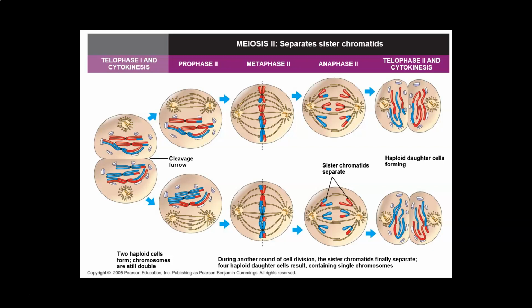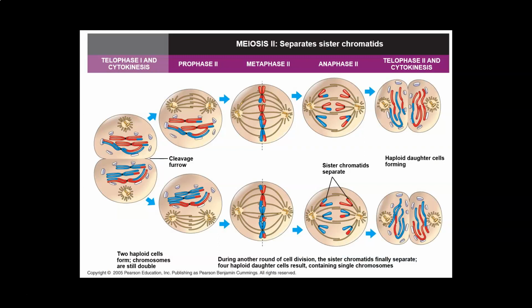So each one of those daughter cells is going to go through meiosis 2. So prophase 2 of meiosis is just like mitosis. The chromosomes recondense, the nuclear membrane, depending on how much of it forms, is going to break down again. The spindle will form again. The chromosomes will line up on the equator of the cell.